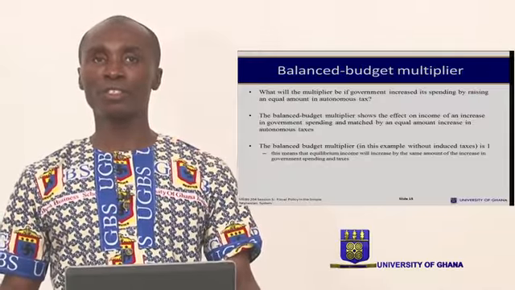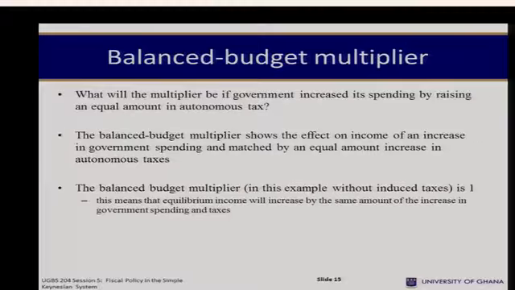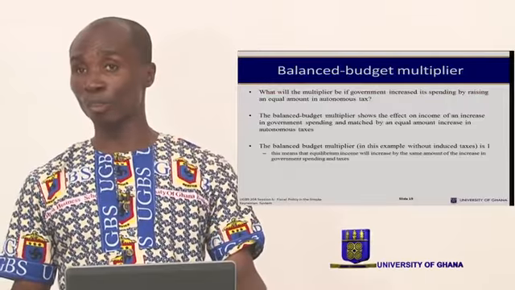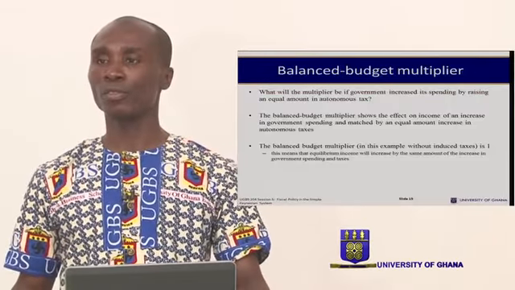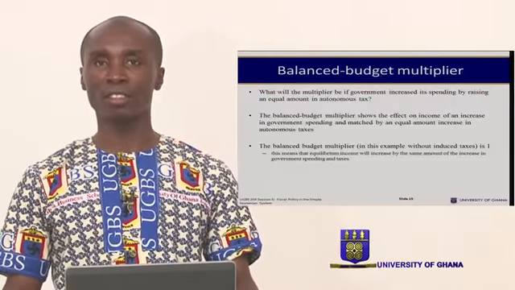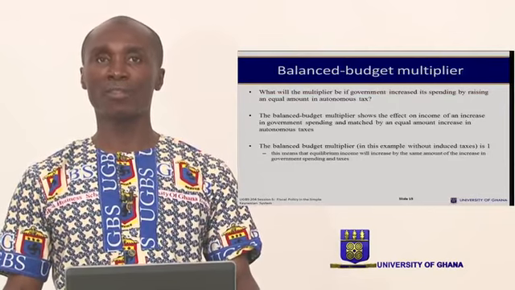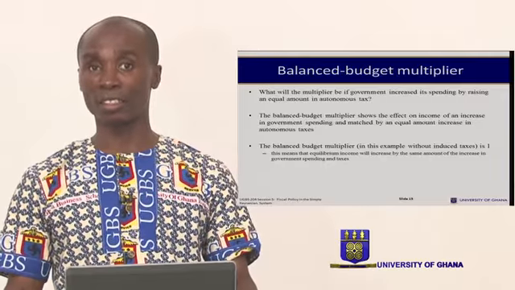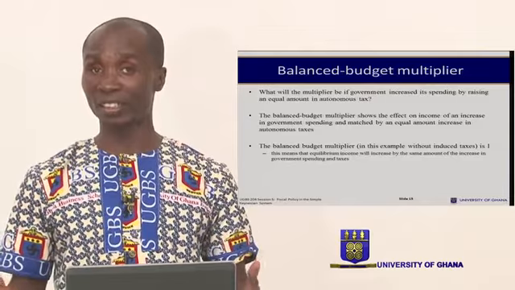So finally, we introduce the concept of the balanced budget multiplier. The balanced budget multiplier tells us what will happen to equilibrium income if government changes spending and taxes by the same amount. Recall that if you start with a balanced budget where the total level of government spending is equal to the total level of taxes, that means that the budget is balanced.